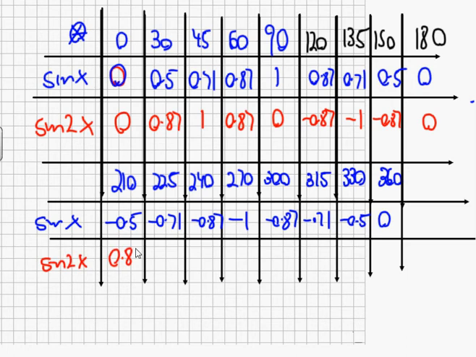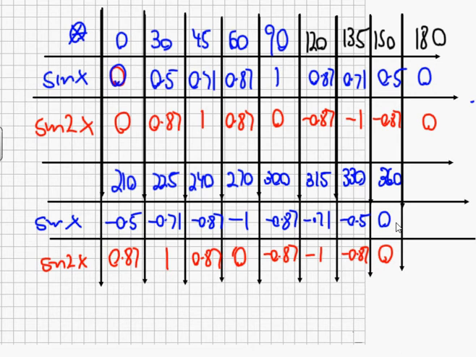Then 1. Then 0.87, 0. After that, minus 0.87. Minus 1. Minus 0.87. 0.